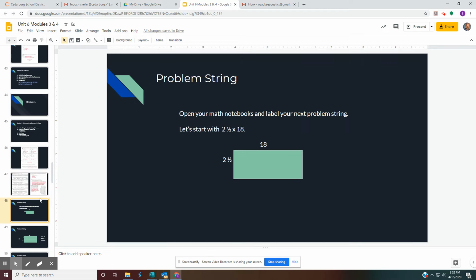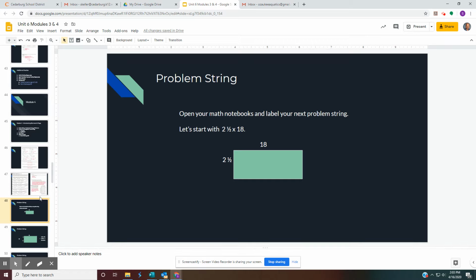So I'm going to need you to get your math books out or your math notebooks out, a piece of paper. If you have your math student book, in the back there are those extra pieces of paper that allow us to write our problem strings down. And this one's doubling and halving with mixed numbers. All right. And what I want you to do is set up an array or a rectangle, just like what we have here. We are going to be multiplying 2.5 times 18.